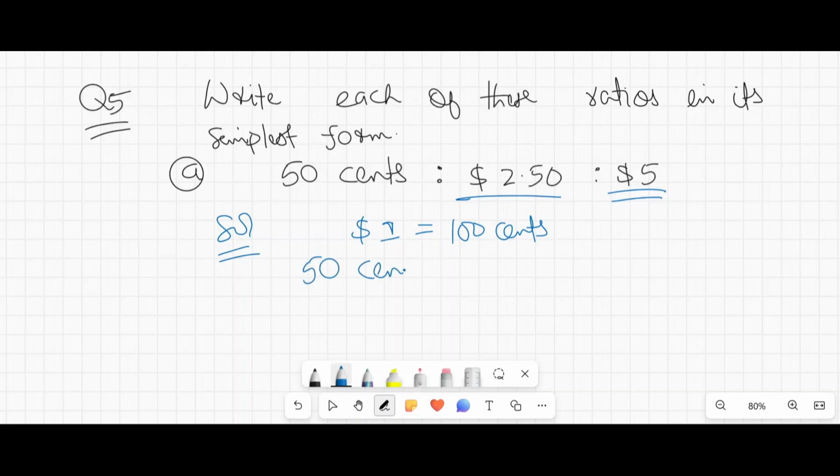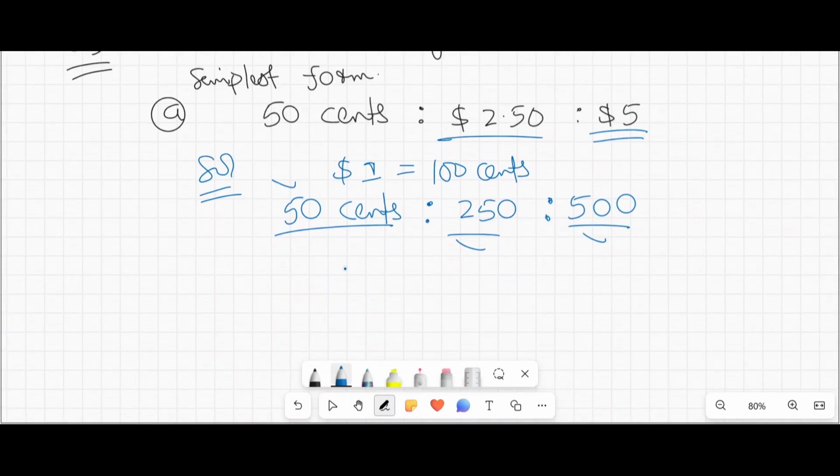So 50 cents, $2.50 becomes 250, and this is 500. So basically the units are the same, these are all in cents.